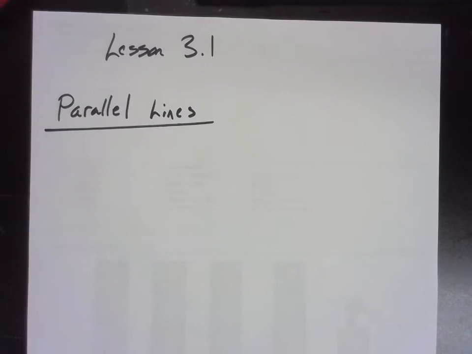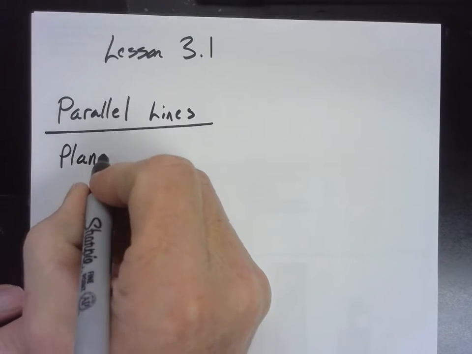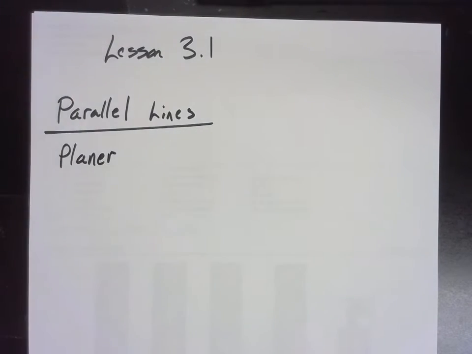So parallel lines, first of all, they have to be what we call planar. Planar simply means that they are in the same plane. So parallel lines are lines that are planar and they are equidistant. Always equidistant. They never intersect.